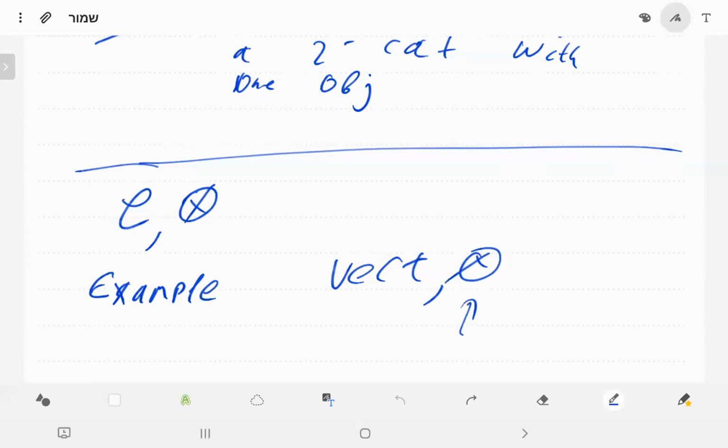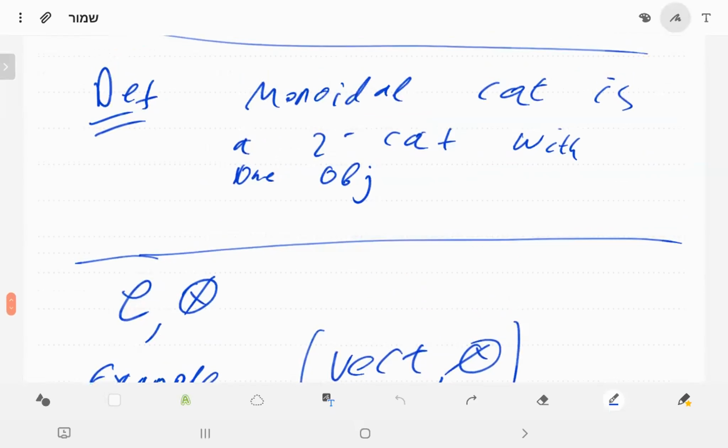Can you explain how the example is a monoidal category? The vector spaces are the morphisms here. So this is what I explained before, that when we say monoidal category, I said the definition of monoidal category is a two category with one object, but the terminology is different.